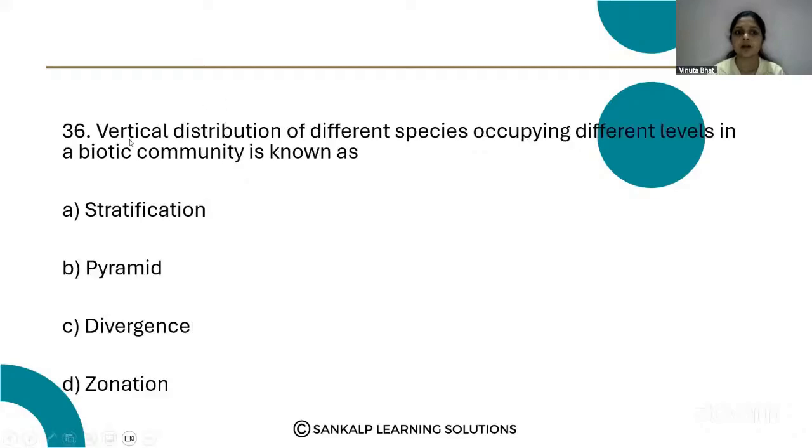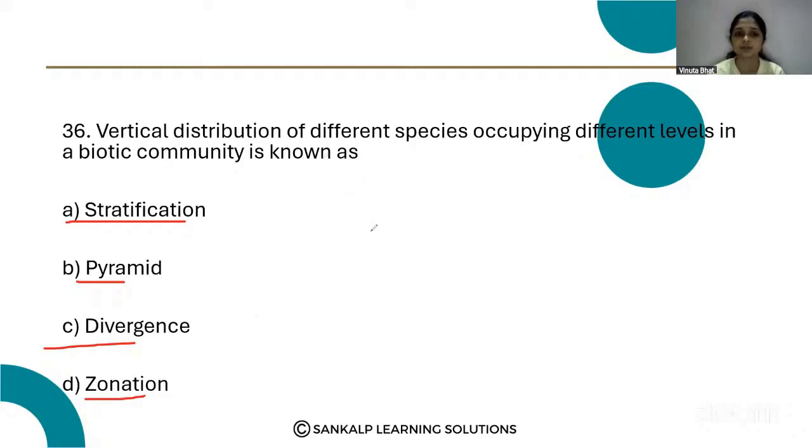Then, the vertical distribution of different species occupying different levels of a biotic community is known as what? Is it called stratification, pyramid, divergence, or zonation?